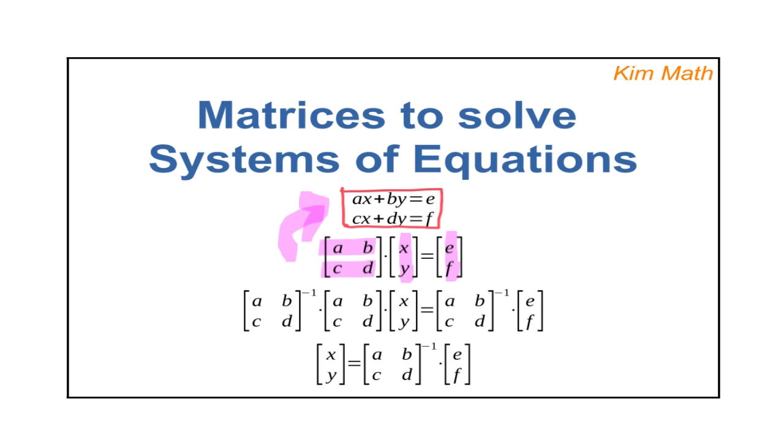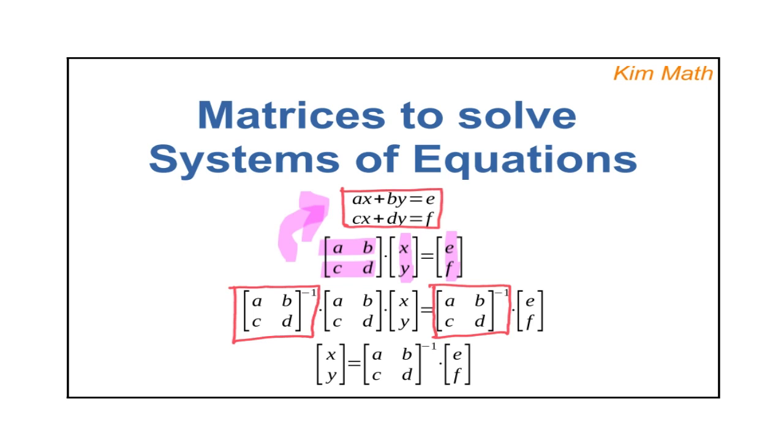Okay, to this matrix equation, if you multiply the inverse of [[a, b], [c, d]] to the left side of this equation, then what is the result of the inverse and [[a, b], [c, d]]?